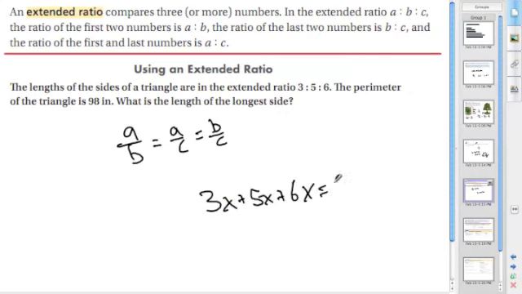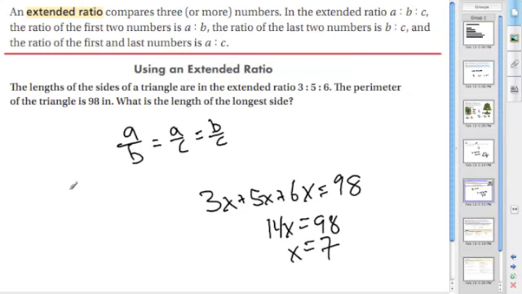And perimeter is the distance around, so we add them all up, set it equal to 98. So we have 14x equals 98. X equals 98 divided by 14. So 98 divided by 14 is 7.